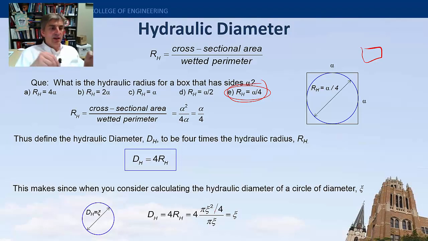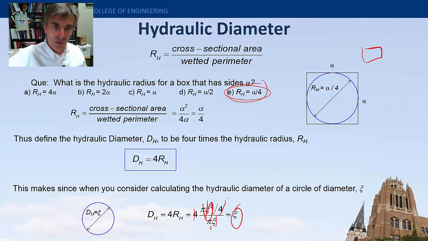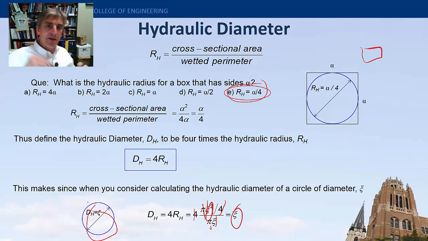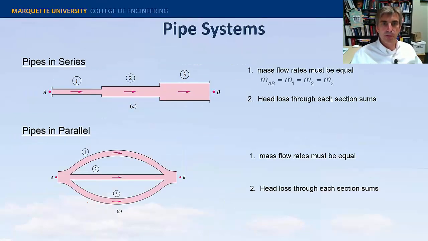The perimeter is 2 pi r, or pi diameter. And so if you look at this, the pi's cancel, the 4 cancels, you're left with just psi. That's exactly what this diameter is. So that's why the hydraulic diameter is 4 times the hydraulic radius, to make a circle make sense.